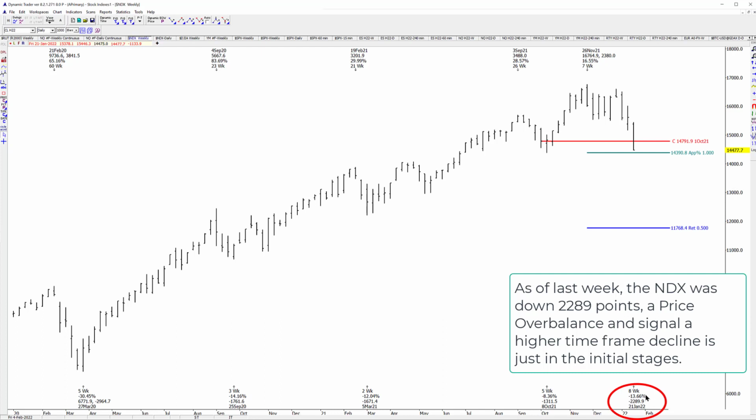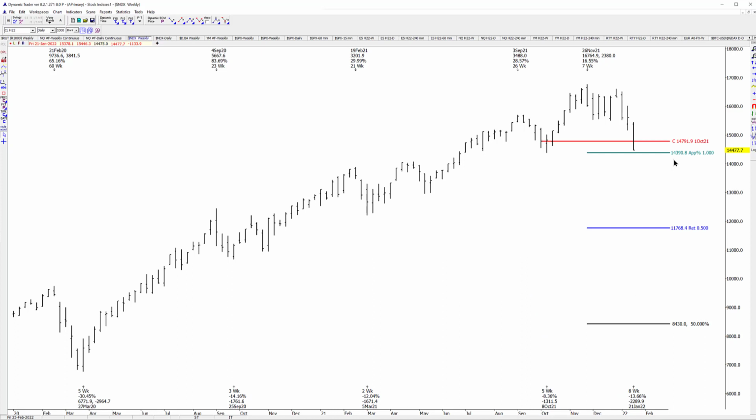It's just a little bit short of percentage change, and that'll be the final nail in the coffin, a decline below 14,390. That's 100% of the percentage change of 14.16% off of this high. But it's already given the decline and the closes below the weekly closes here and the overbalance in price.